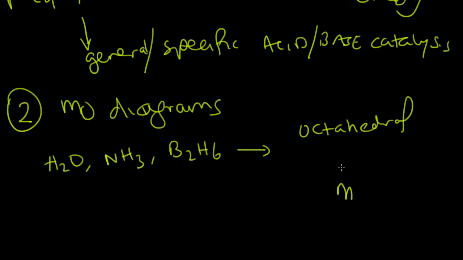These kind of systems involve ML6 systems, a central metal ion, normally a transition metal surrounded by 6 different ligands.